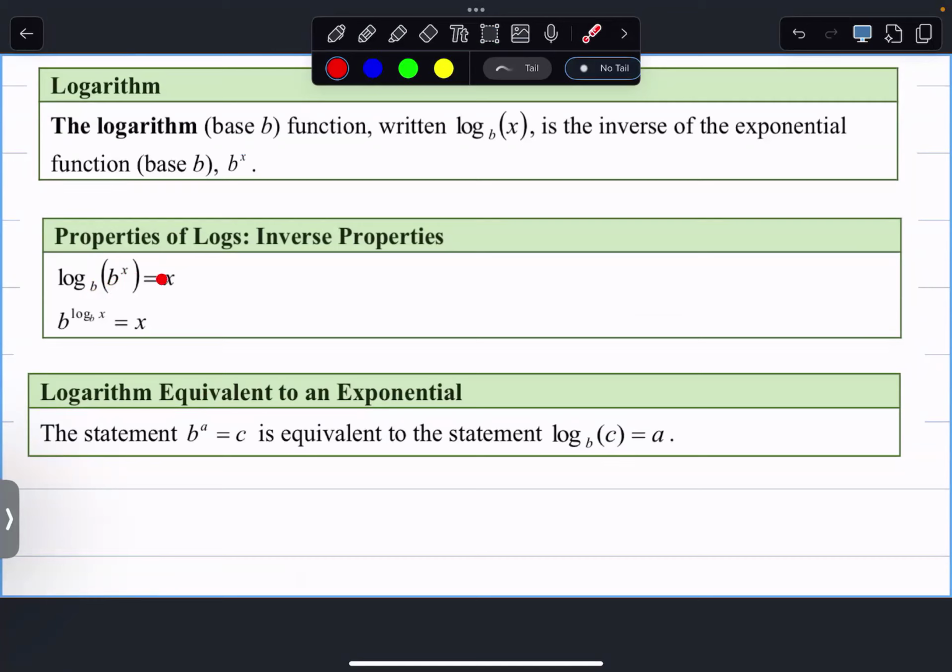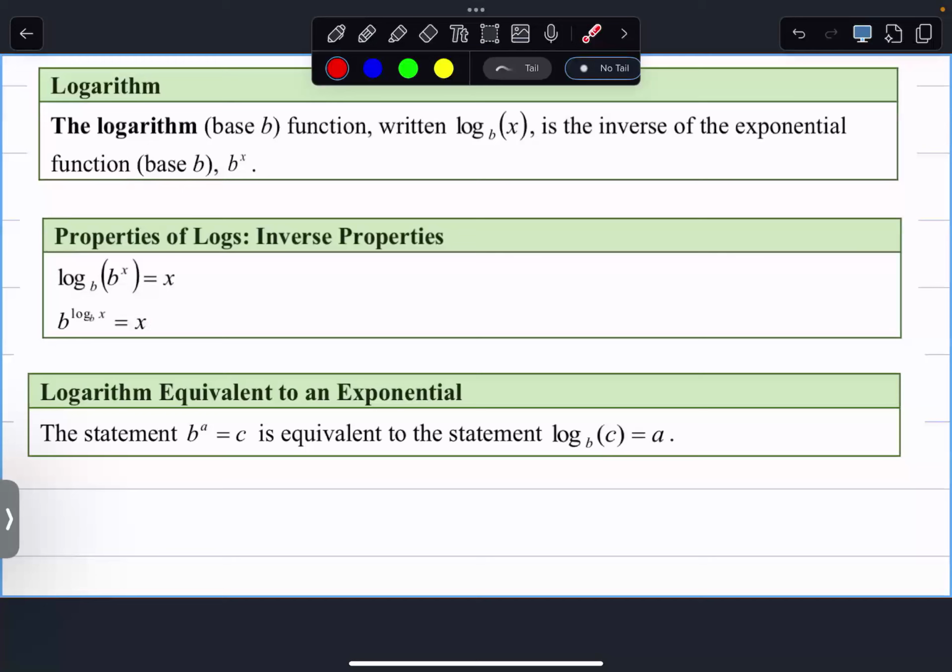Now this I would call the moneymaker. If you're trying to solve for something in the exponent and you need to drop it down, the way to drop it down is to wrap it up with log base b, a log of the same base, and then you're left with just the x. Same thing, if you want to extract an x from inside a log, you can take b to the power of the log base b, and it drops out the x.